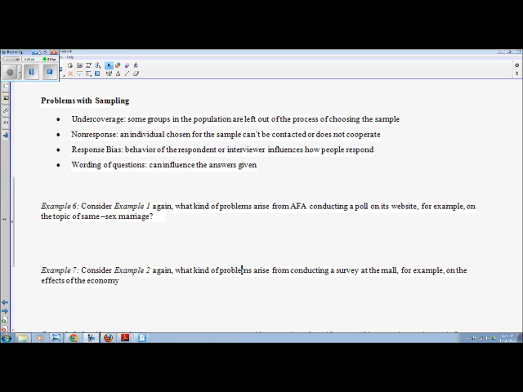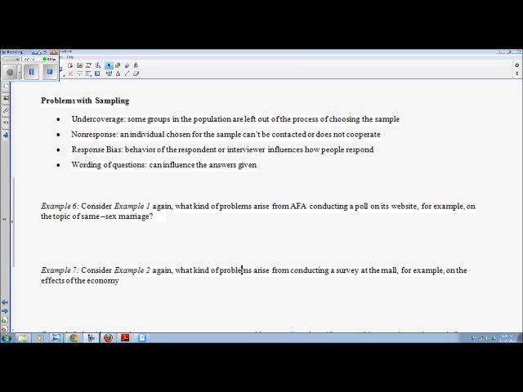Response bias is when the behavior of the respondent or interviewer influences how people respond. So if you ask people how much money they make, and instead of just recording what it is, you say, really? Is that really how much you make?